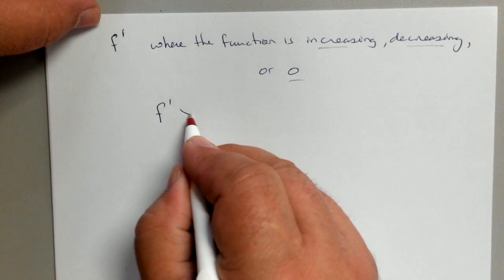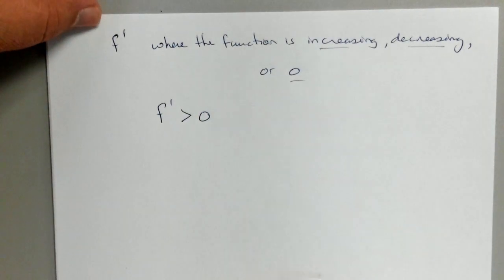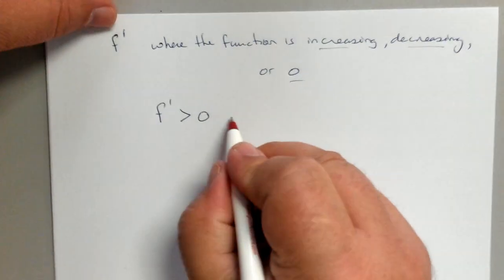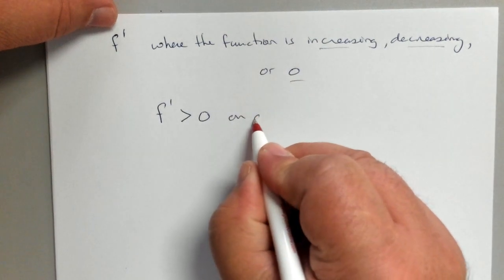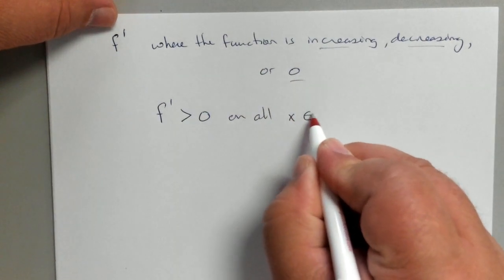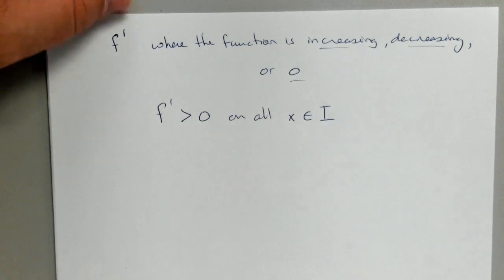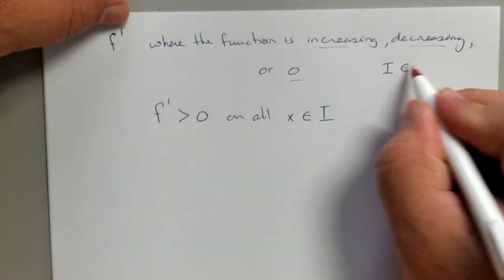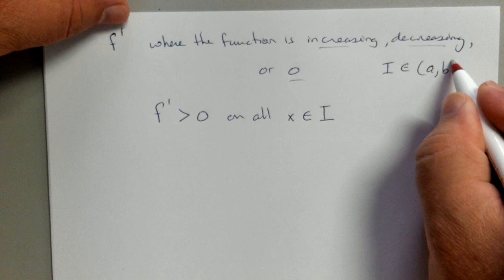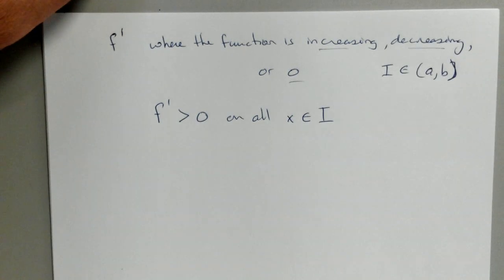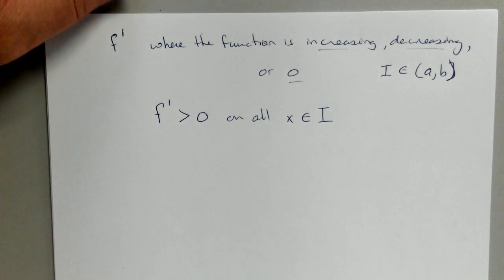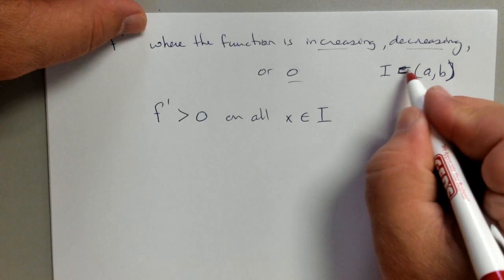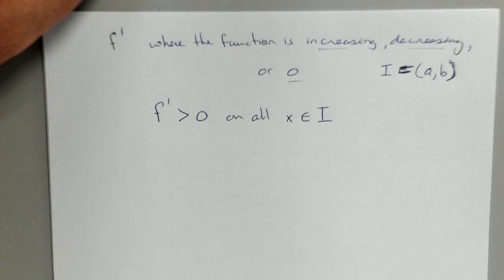If the first derivative is positive at whatever x you pick, on all x's in some interval, I is some open interval AB, I is equal to some open interval AB.